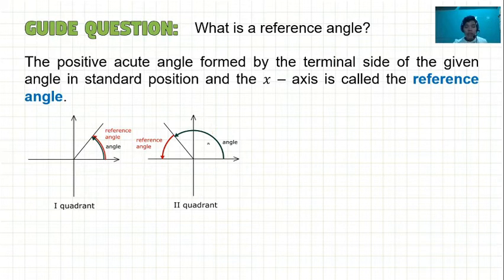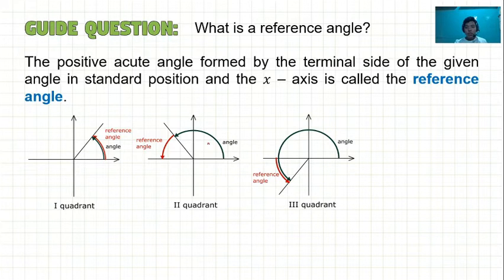Now for quadrant 3, suppose this is our angle. So this is our terminal side, and this is our x-axis. Therefore, the reference angle is the positive acute angle, which is this one. Again, you cannot have this one because it is not an acute angle.